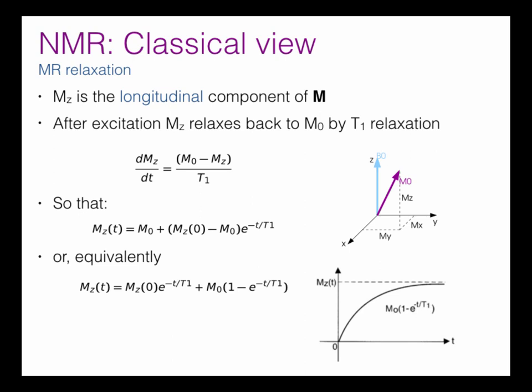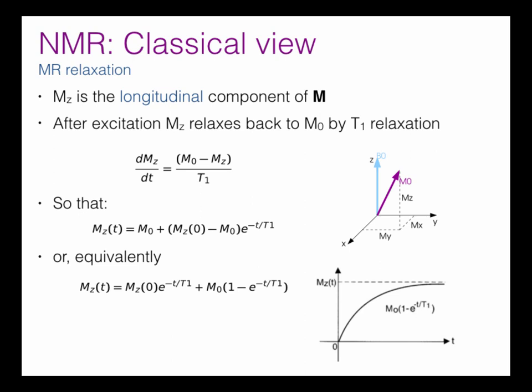Okay. So another way to think about that: it would typically be represented by this kind of equation, but I actually prefer this equation here, which says that if you've set up the magnetization to some level Mz of 0, and then you just let it go and see what happens, your initial contrast, represented by Mz of 0, decays like e to the minus t upon T1.